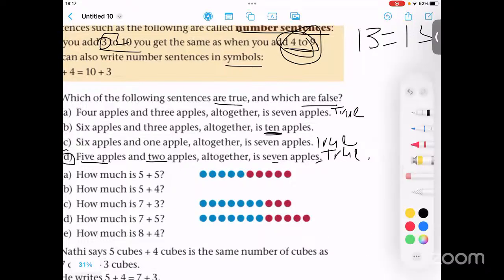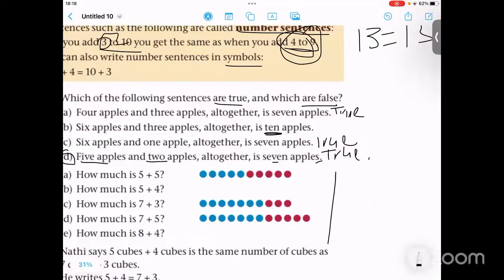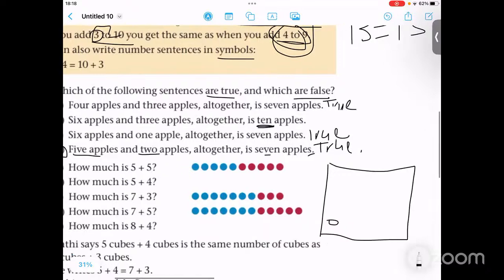Naledi, are you still there? Yes, ma'am. Uh-huh. So we are having 6 apples, and then we're going to add 3. So it's going to be 1, 2, 3.